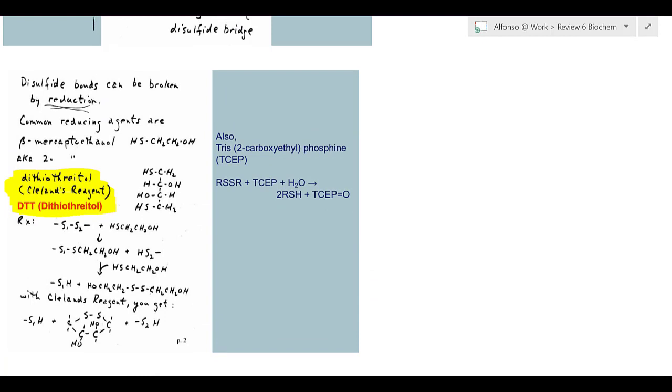Okay, and there's one more that you'll want to know. Beta mercaptoethanol, which is that one right there. So you want to know that Cleland's reagent and beta mercaptoethanol can be used to break disulfide bonds, which is essentially happening through a reduction reaction.